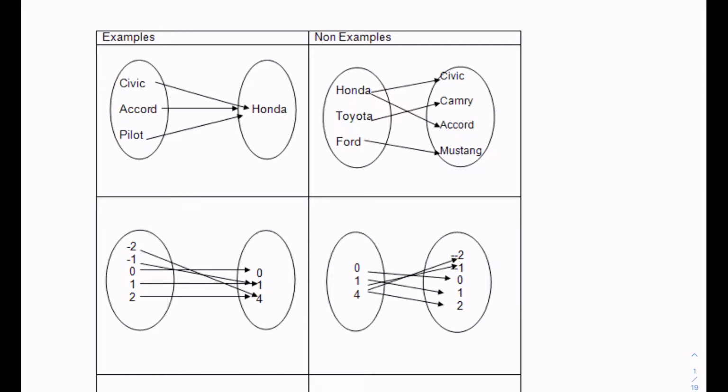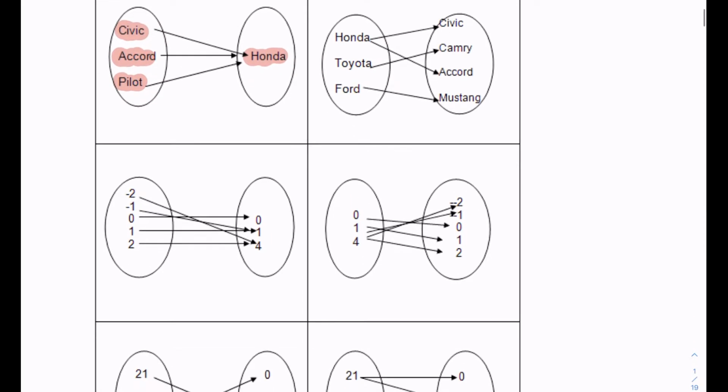So in the column on the left-hand side, you'll notice that all the elements in this set, Civic, Accord, Pilot, they all map to Honda. If I look at numbers in this case, I have the numbers -2, -1, 0, 1, 2. They also all map to numbers.